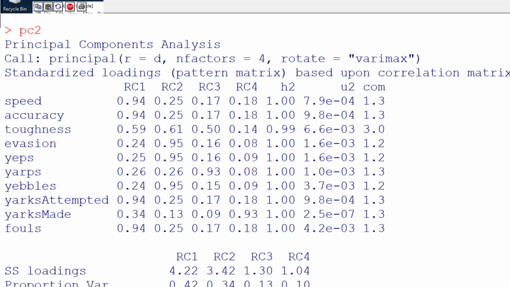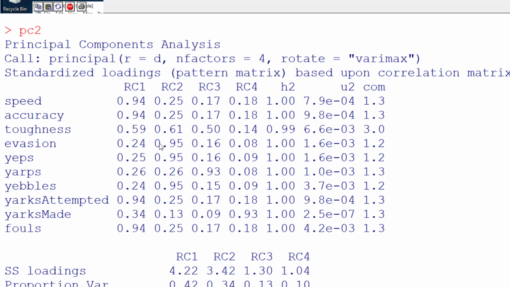Speed, which is here, was a combination of A and B. Accuracy, which is here, was also a combination of A and B. Yarks attempted was a combination of A and B. And fouls was a combination of A and B. So it did a really good job of identifying which ones were in fact A, B. There were no other factors that were just A and B.